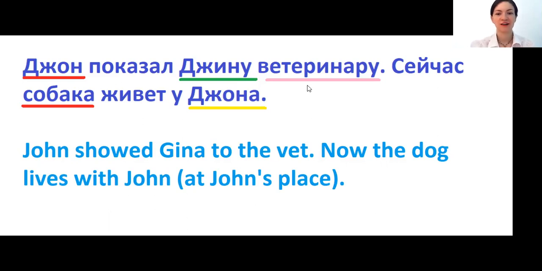But veterinar, if we talk about nominative case, it finishes with r, veterinar, and it is a hard consonant, right? And if we have a hard consonant in nominative, in dative case, we should add u, veterinaru.